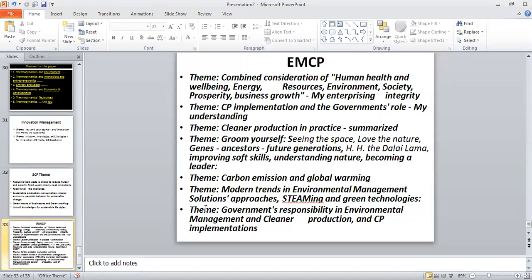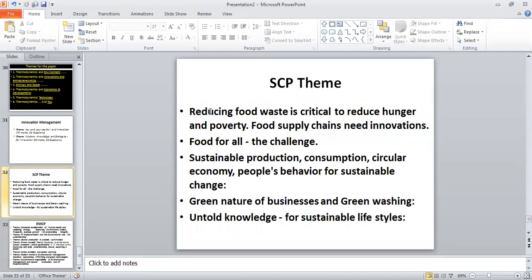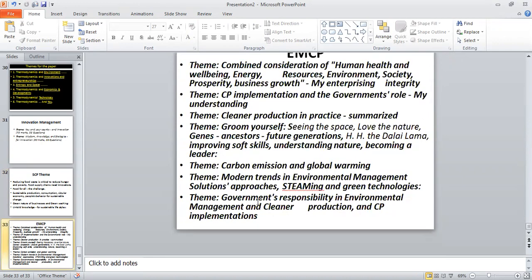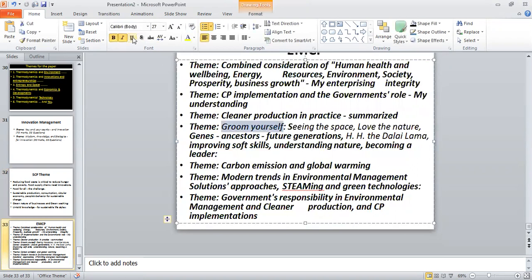Seven here, eight questions are there in the paper, so seven questions are here. So one more theme is there for the eight questions. That's why here you can see five, you are answering four. See, untold knowledge. See, groom yourself. See how wonderful these are.